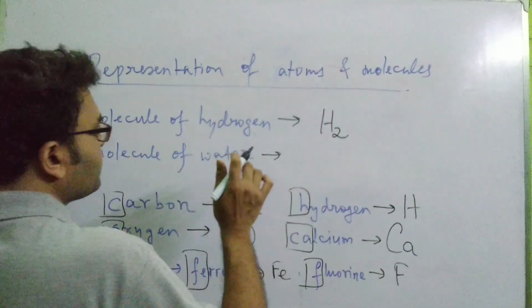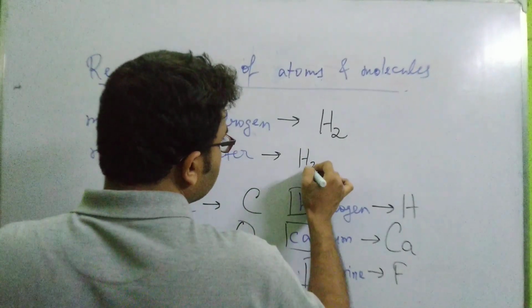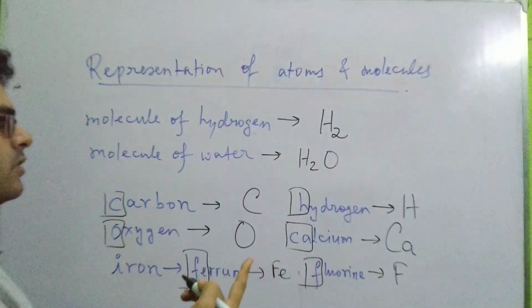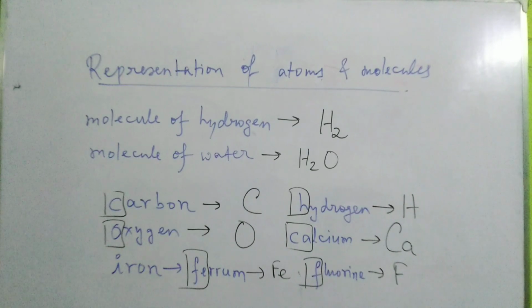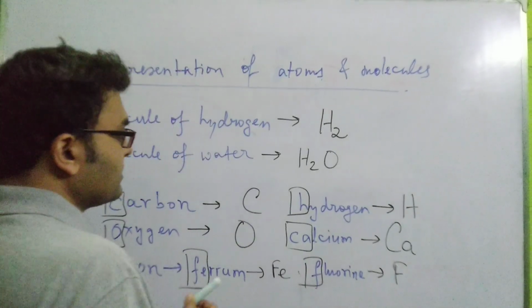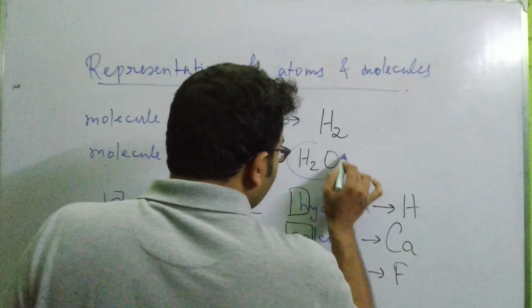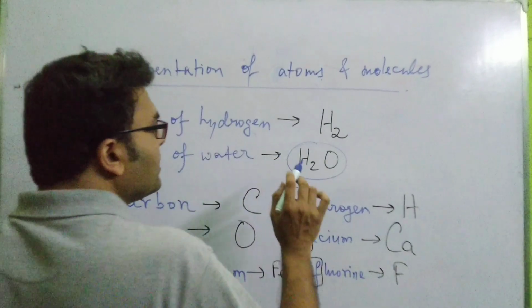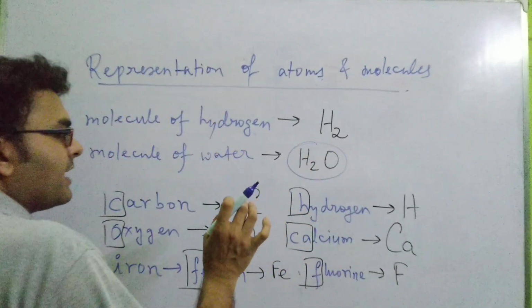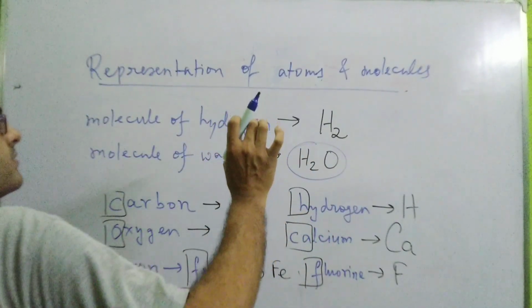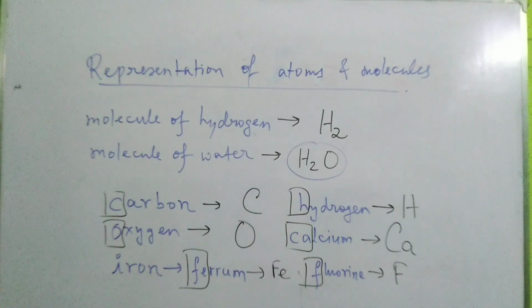But in case of the molecule of water, the formula is H2O. Why? Because two atoms of hydrogen and one atom of oxygen combine to form one molecule of water. Now remember this. This represents one molecule of water. So one molecule of water has how many atoms? It has 3 atoms: 2 atoms of hydrogen and 1 atom of oxygen.